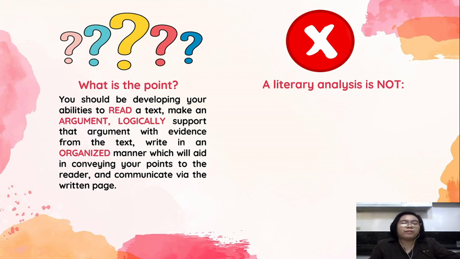Always remember that literary analysis is not just a summary of what the literary work is all about. It allows you to assess what you have read. That's why it is important to look at a text in a larger picture when analyzing, and to plan how and what you want your paper to look like, so that you will be able to convey or express your points to your reader.